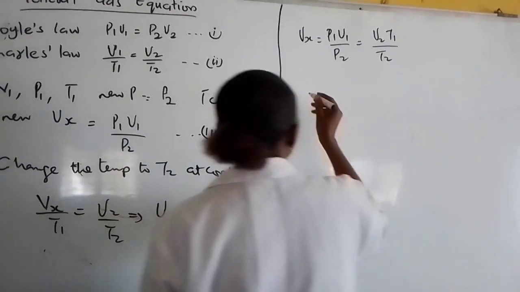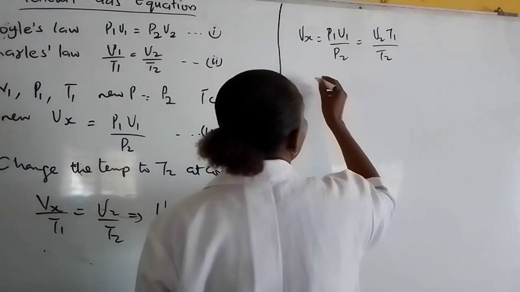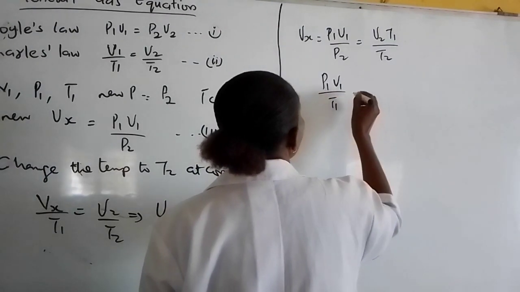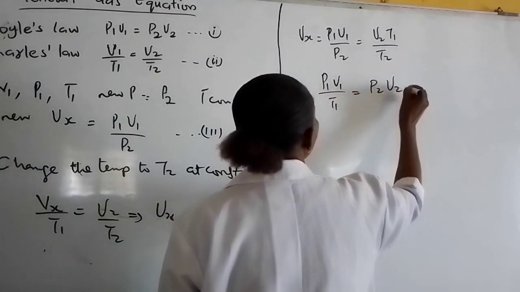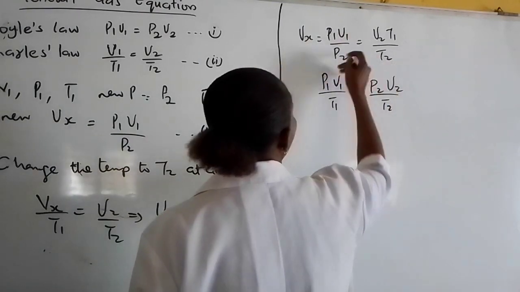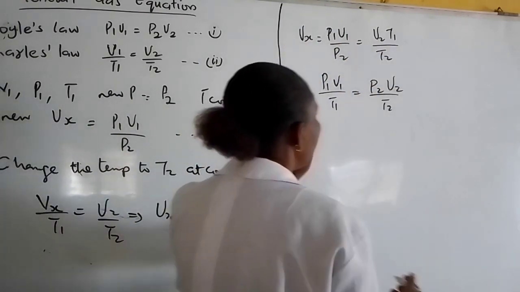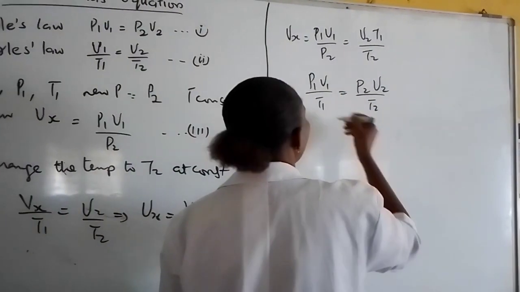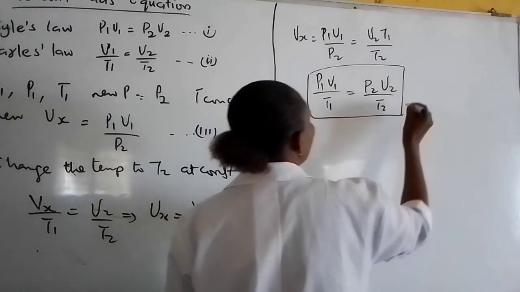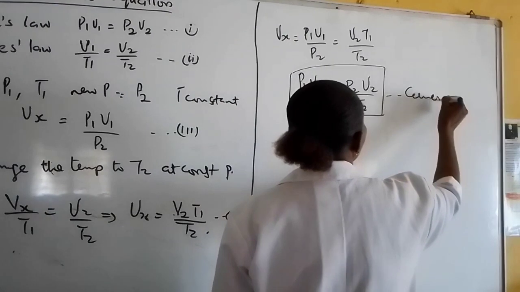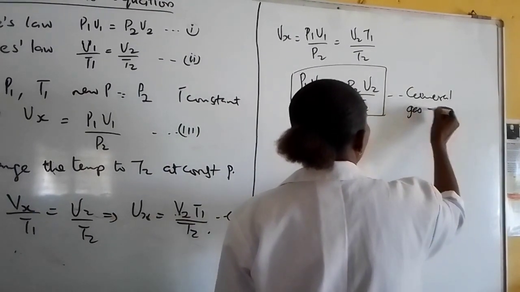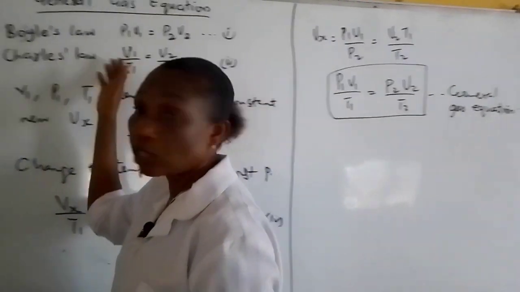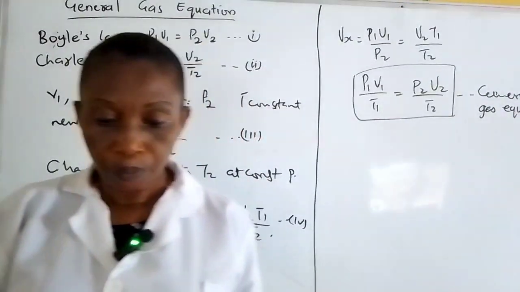If we cross multiply and bring down the T's, the general gas equation is P1 V1 over T1 equals P2 V2 over T2. This is what we call the general gas equation, derived from both Boyle's law and Charles's law.